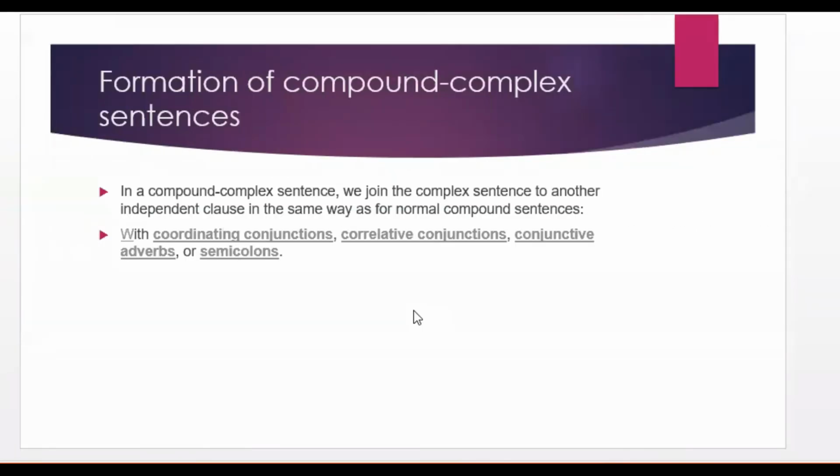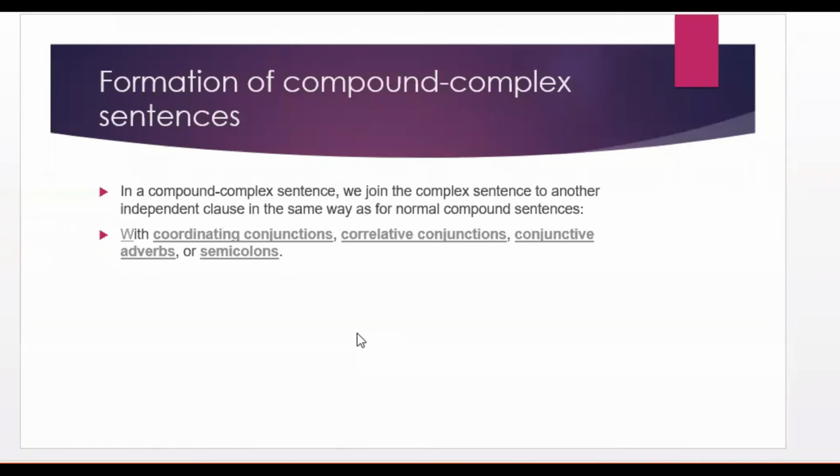Excuse me, miss. Yes? Miss, could you please go back through the formation of compound complex sentences one more time? No problem. So a compound complex sentence is formed by joining two independent clauses with a dependent clause.